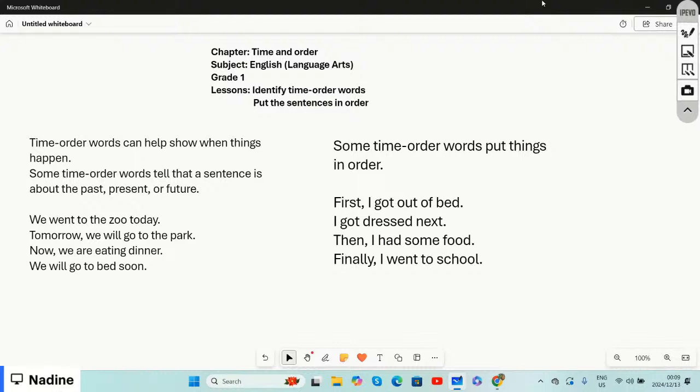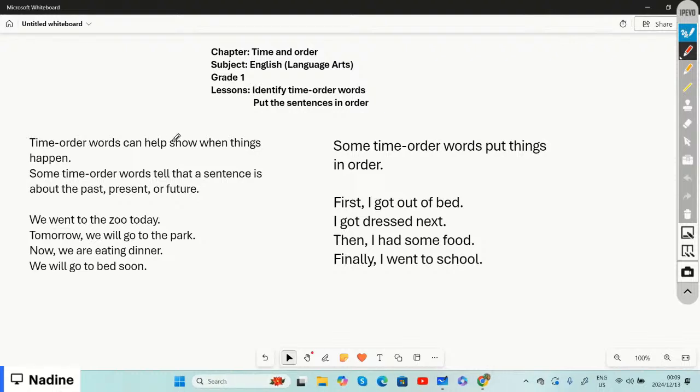All right, so once again we say that time order words show when things happen.